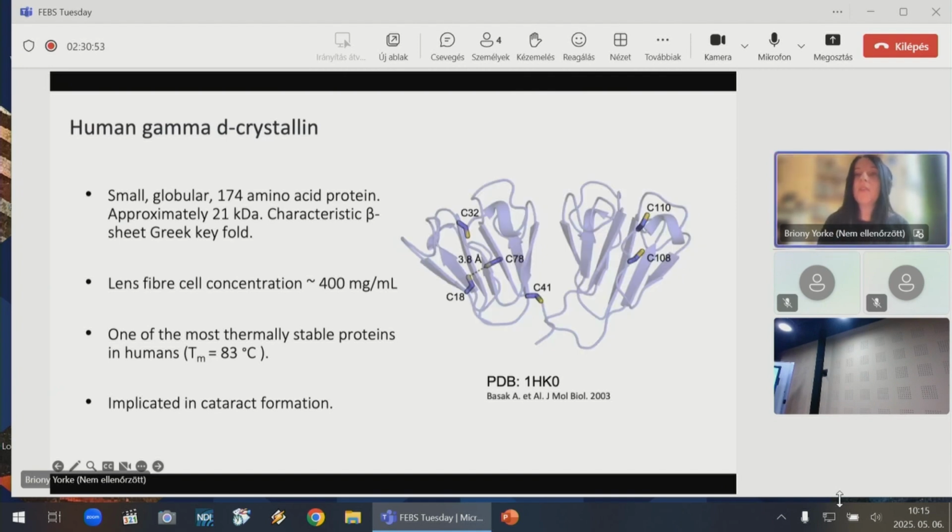It contains a number of cysteine residues, but despite being very thermally stable, none of these cysteines actually form disulfide bonds in the native protein. We have in the internal N-terminal domain cysteine 18 and cysteine 78, which are quite close together but never seem to form the oxidized disulfide bond.